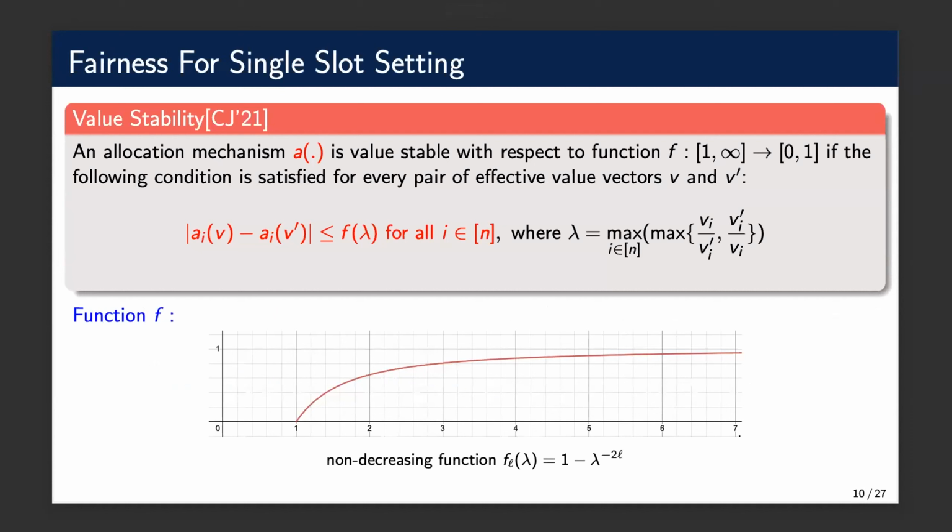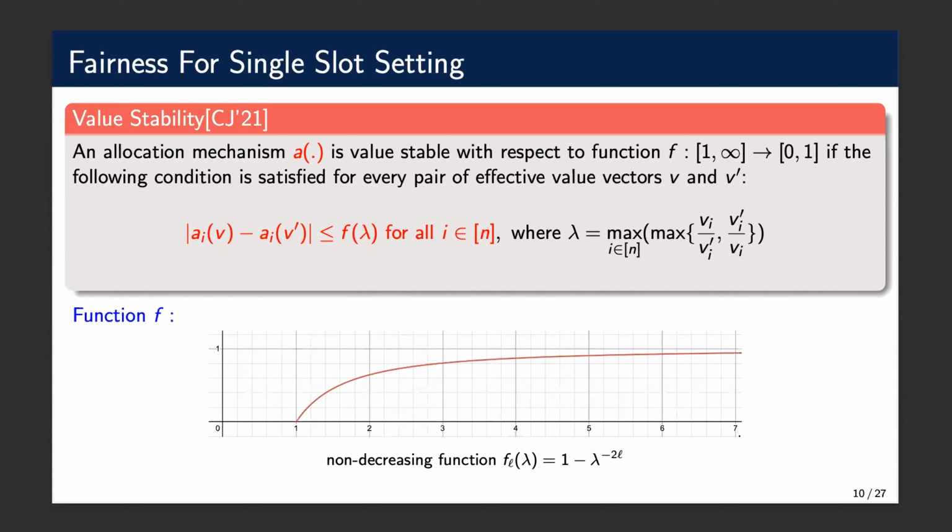Now, before I move on to the definition of fairness for the multi-slot setting, let's talk about what definition they consider in the work of Chala and Jagadisan, which we will then extend. So what this concept of value stability is saying is that if I have two users and therefore two bid vectors, which are close to each other in a multiplicative way for every advertiser, then my allocation algorithm should come up with allocations for every advertiser that are additively close, and they're bounded by some function f with good properties.